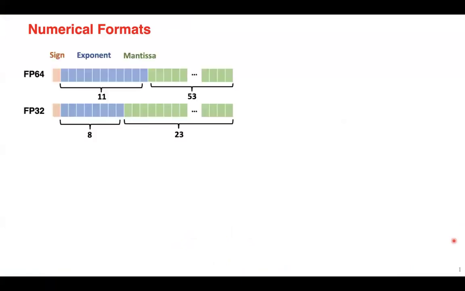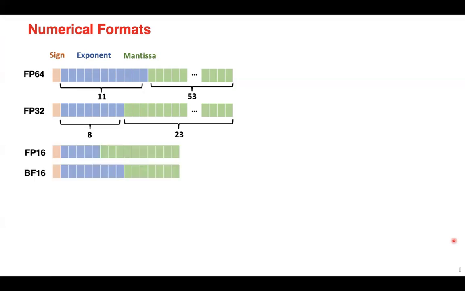So the motivation for this work has been the recent explosion in numerical formats. What I'm showing here is a variety of formats, split by their sign, exponent, and mantissa bits to show the trade-offs between precision and dynamic range. Originally, within scientific computing, double and single precision floating point was dominant.